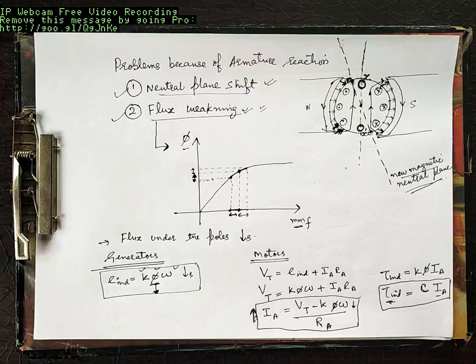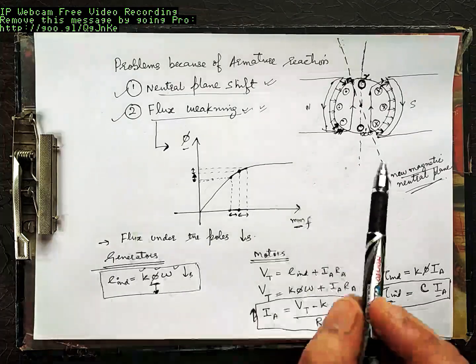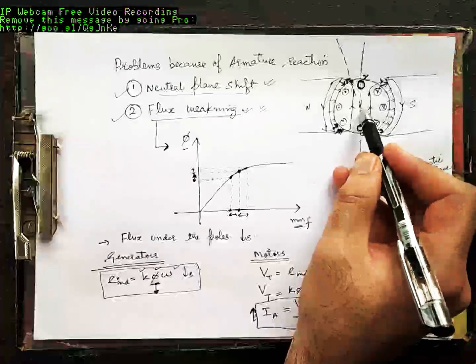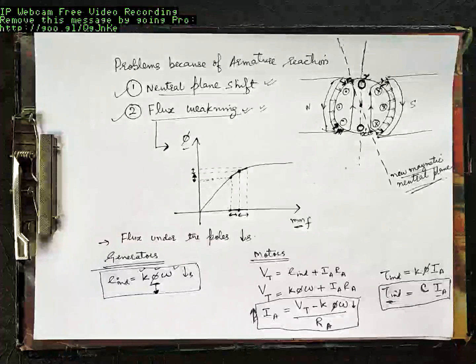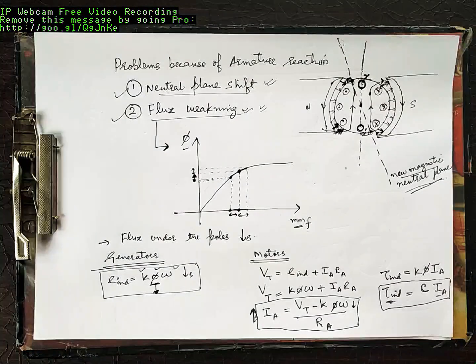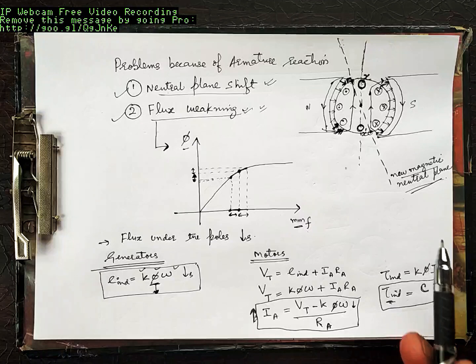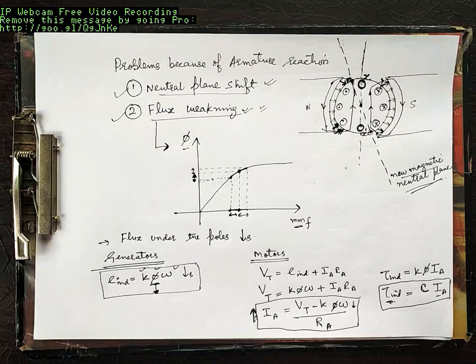So this can be a cumulative effect in a DC motor, where because of the flux weakening, when flux decreases, speed of motor increases. When speed of motor increases, it tends to draw more current.